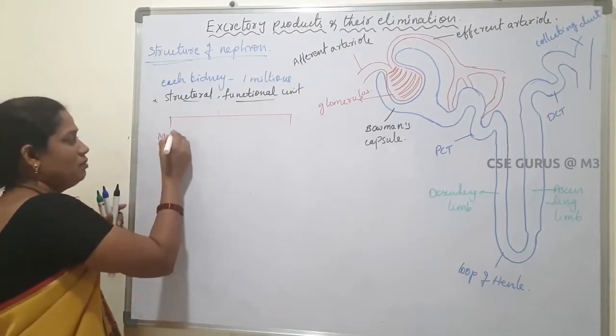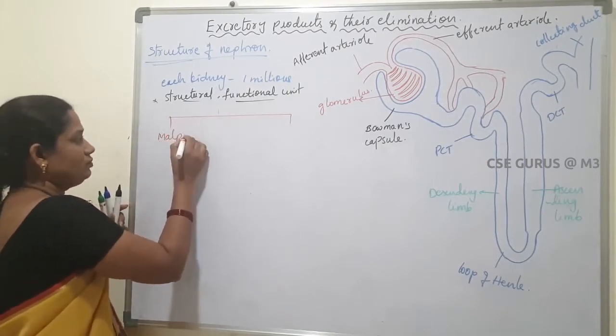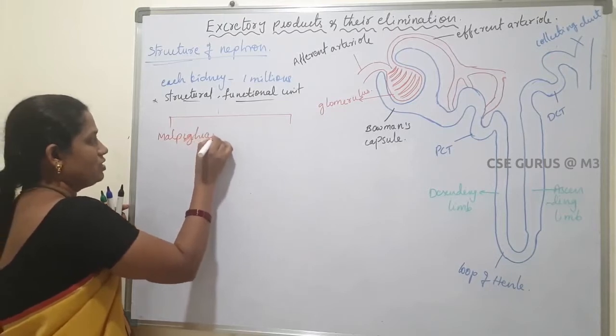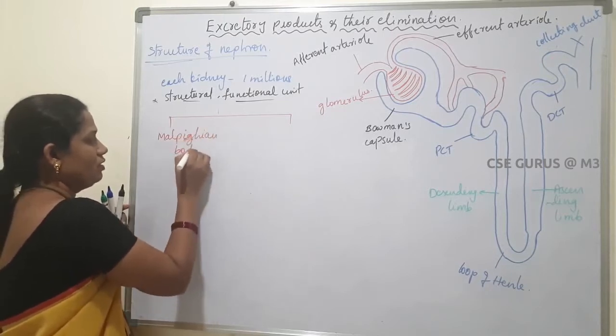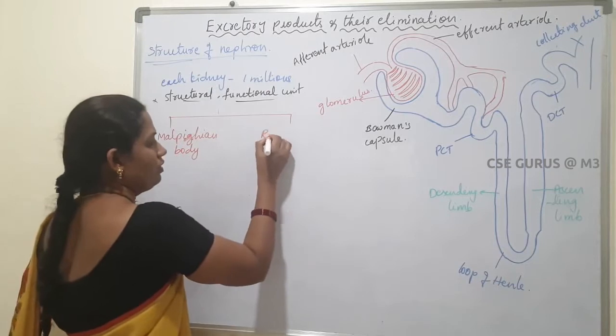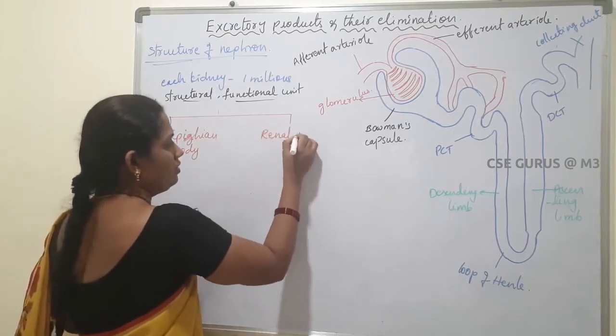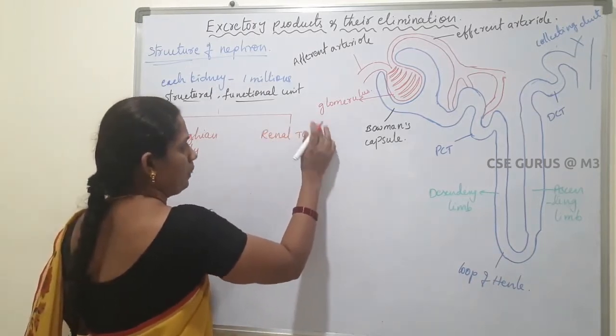They are the Malpighian body and the renal tubule.